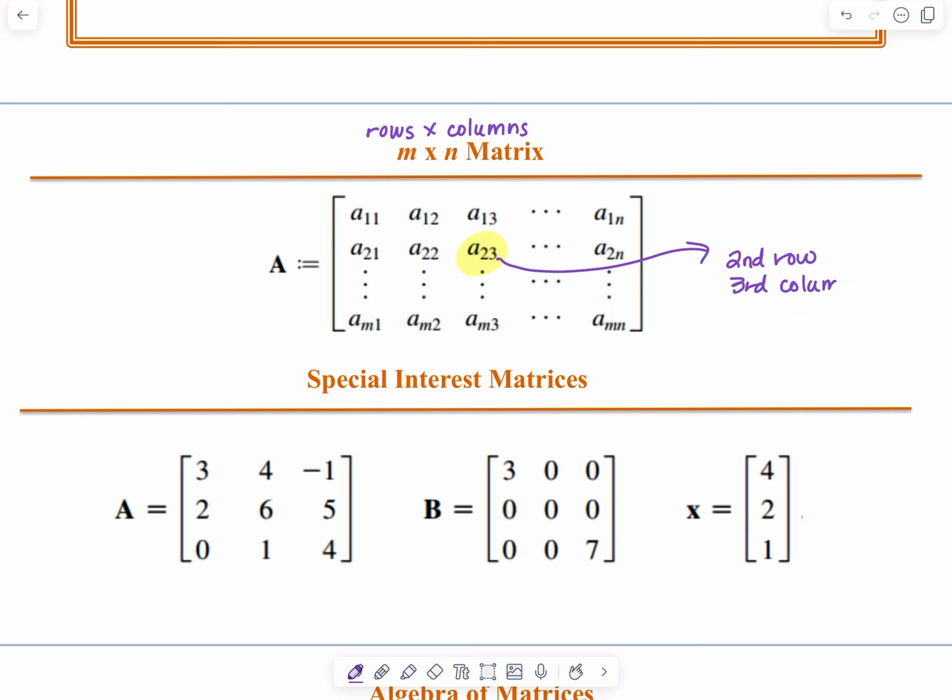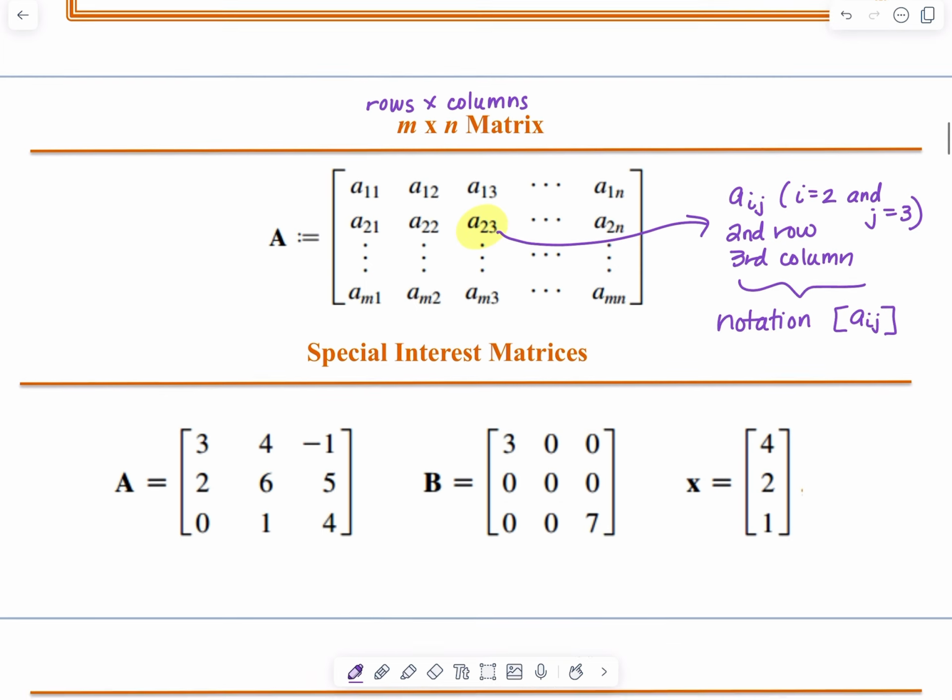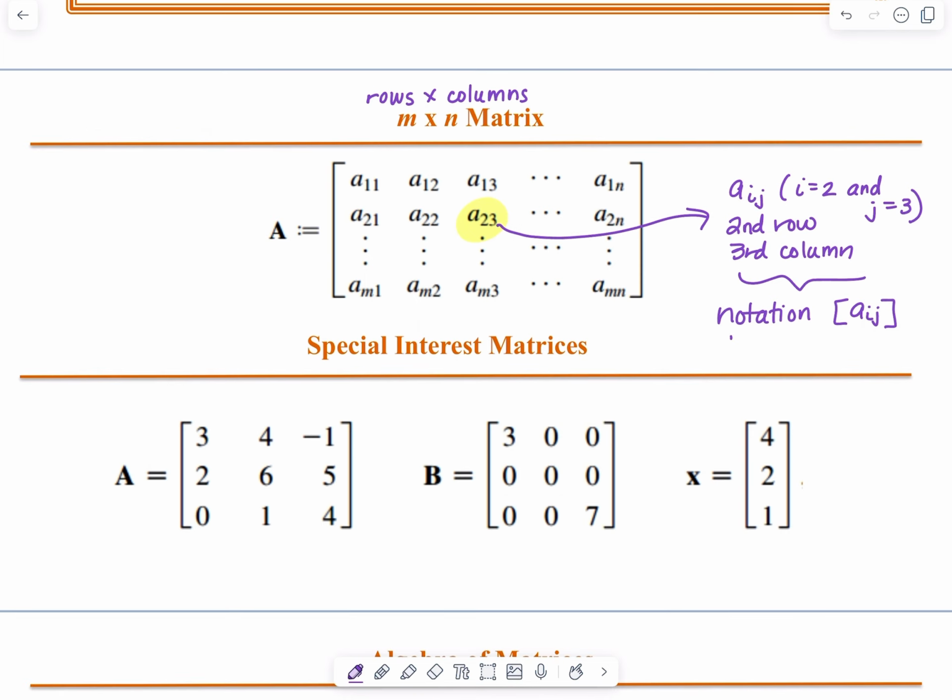So this is A sub ij, where i is equal to 2 and j is equal to 3. We also use notation for that element like that for matrix A.